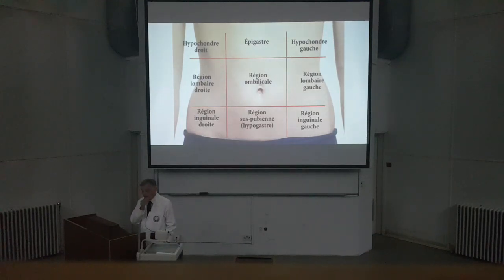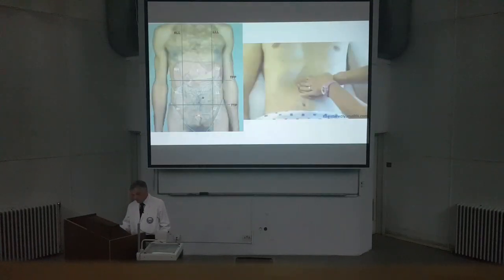Now we want to examine the stomach. This knowledge is also available to you. You know these 9 regions, okay? So this lady is examining which organ? Her hands are pressing on which region?